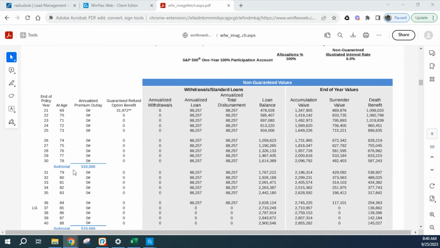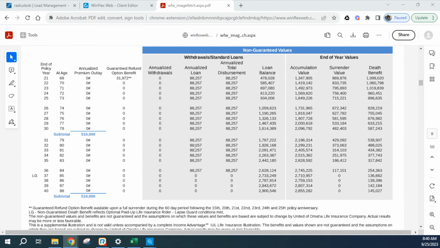The client put in $510,000, and this client is going to be able to take out, based off of a 6% rate of return, $1.7 million of tax-free retirement income. And if this client were to pass away at age 85, we still have a small residual $136,000 death benefit that's going to his family.